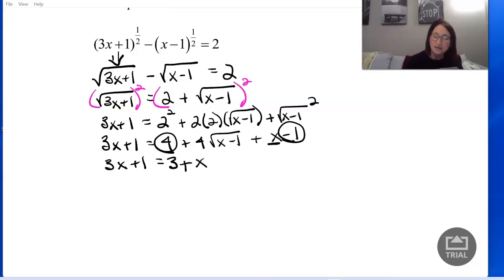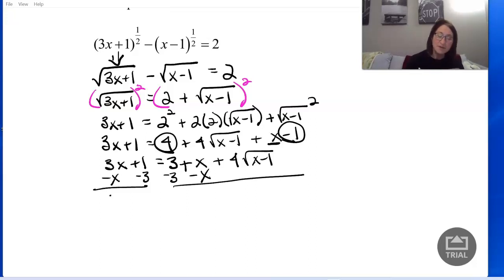So 3 plus x plus 4 square root x minus 1. Okay. Subtract 3 from both sides, subtract x from both sides. So then I'm left with 2x minus 2 equals 4 square root of x minus 1. Okay?